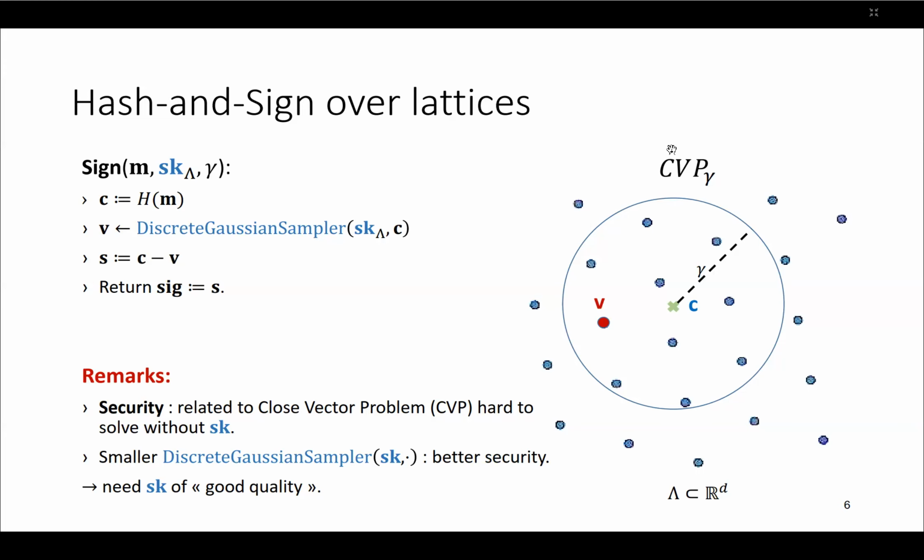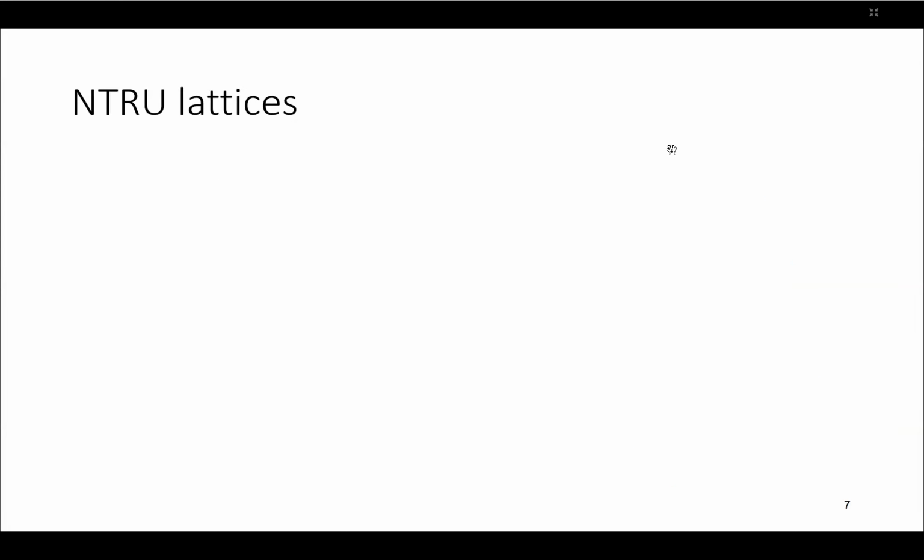In this paper, we go in this direction of improving the trapdoor. In the literature, a good quality trapdoor means a short basis of the lattice. There exists a family of lattices on which we know quite well how to generate a short basis. Those are the NTRU lattices, which are used in Falcon and Mitaka.